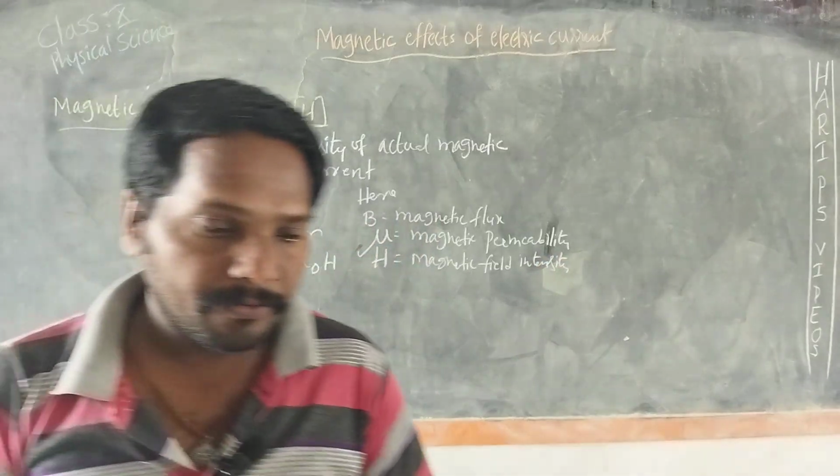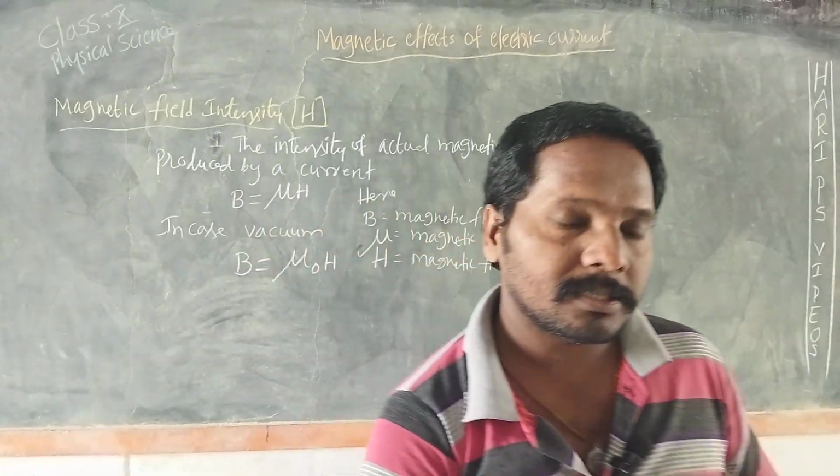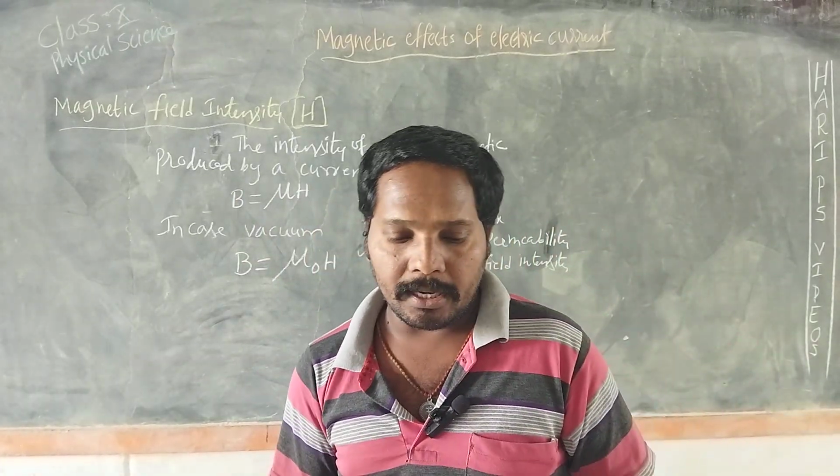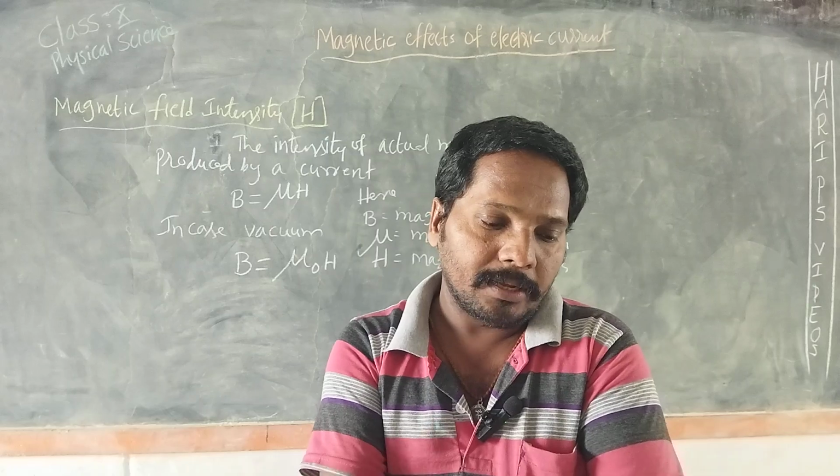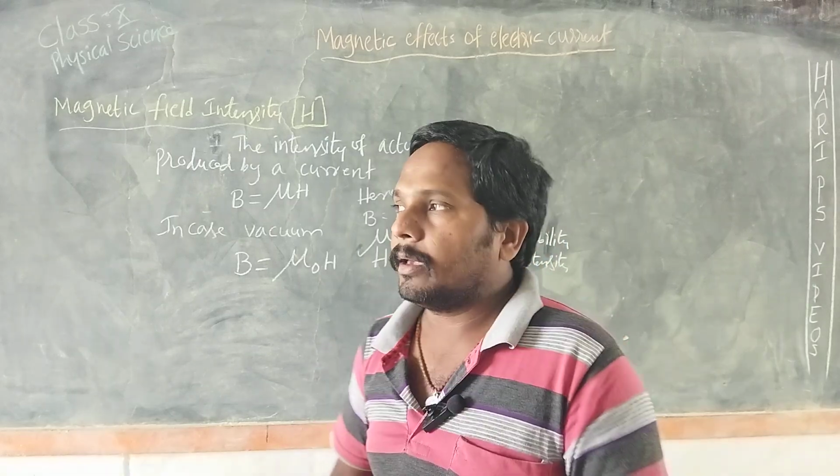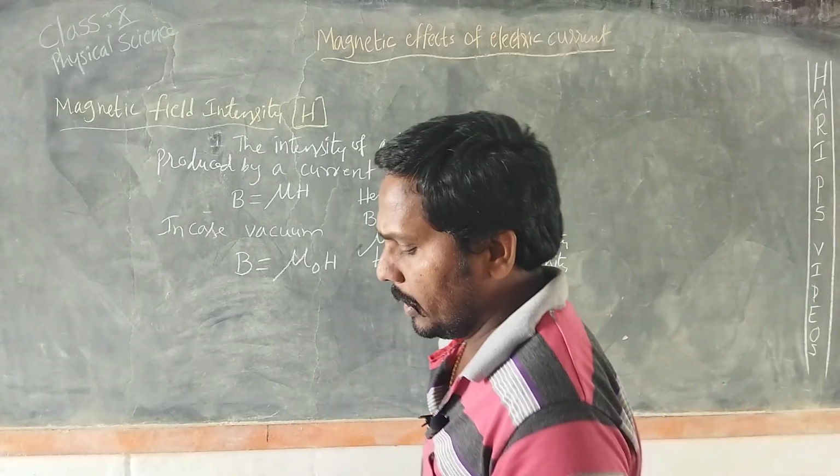So magnetic field intensity is the intensity of the actual magnetic field produced by a current.